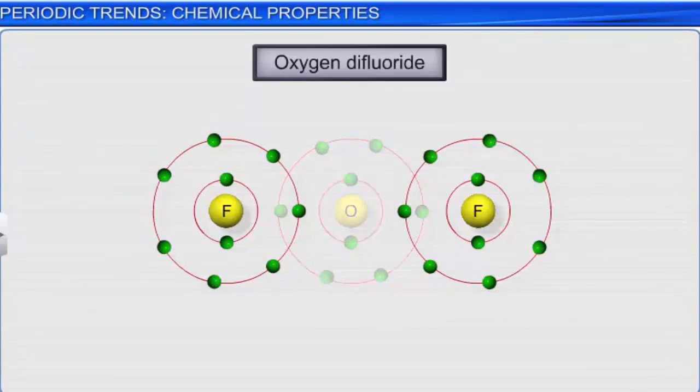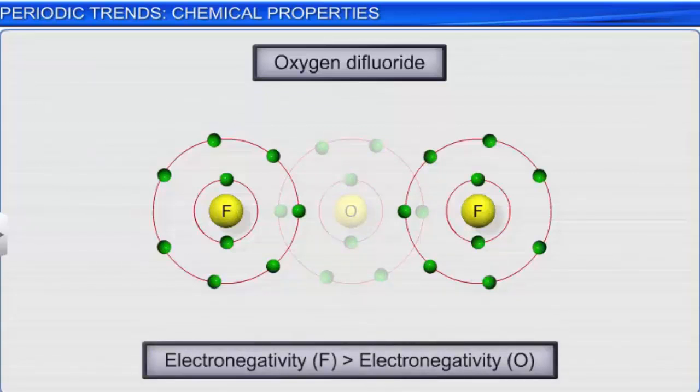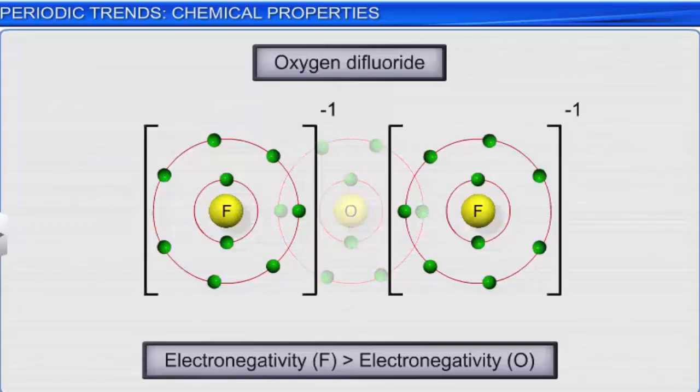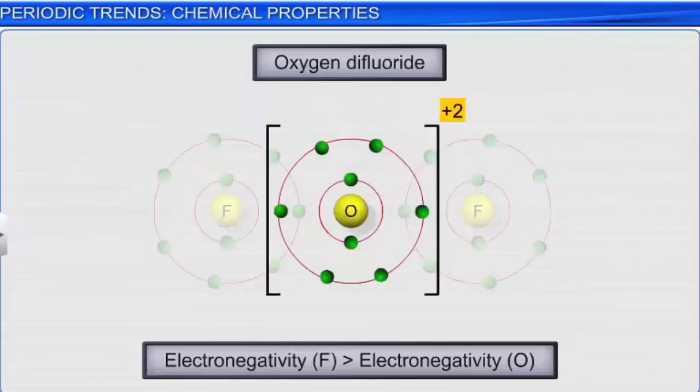Recall that fluorine is the most electronegative element on the Pauling scale, and therefore has a greater electronegativity than oxygen. Therefore, when fluorine combines with oxygen, the two fluorine atoms show an oxidation state of -1 each, and oxygen shows an oxidation state of +2.